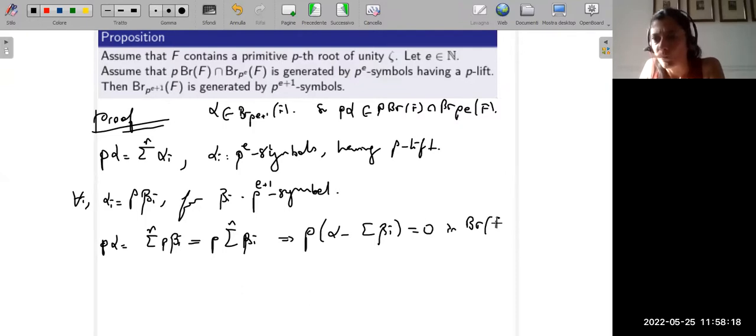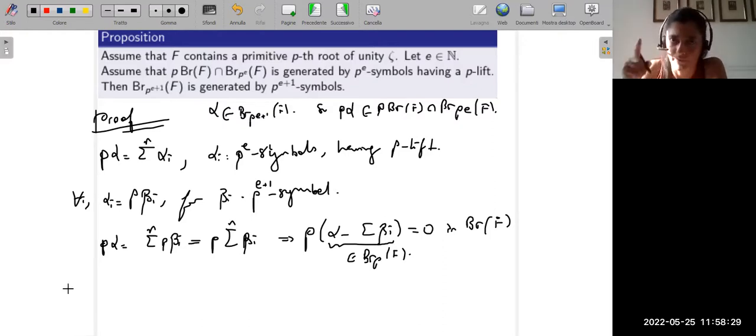So this implies that this class lies in the p torsion part of the Brauer group. Here you have a primitive p-th root of unity present, so I will use Merkurjev-Suslin related to the p torsion part.